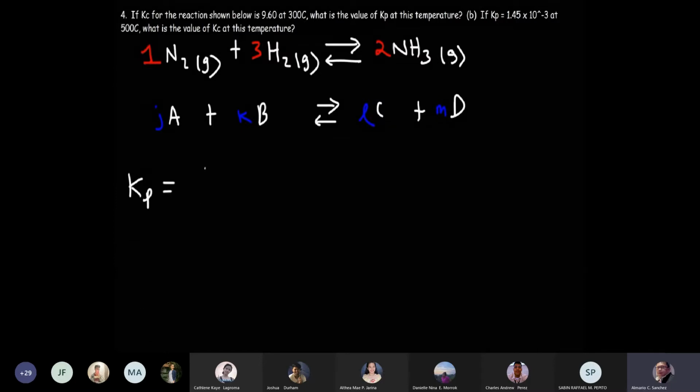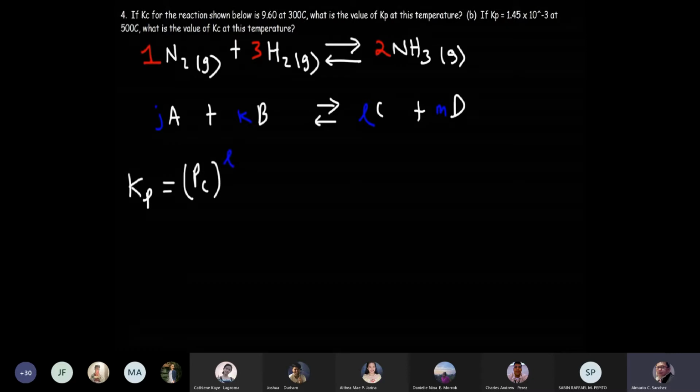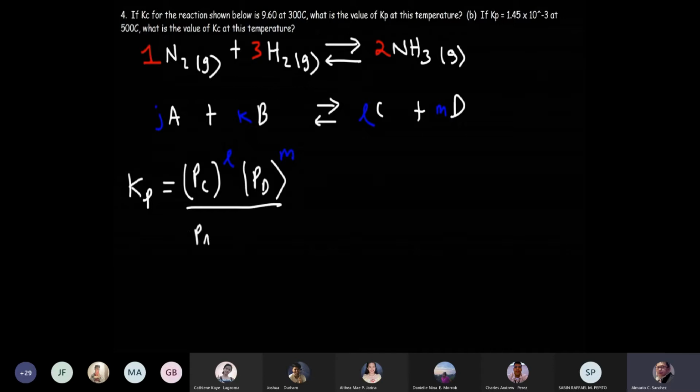So Kp is going to be the partial pressure of C raised to the L power, times the partial pressure of D raised to the M power, divided by the partial pressure of A raised to the J power, and then times the partial pressure of B raised to the K power.